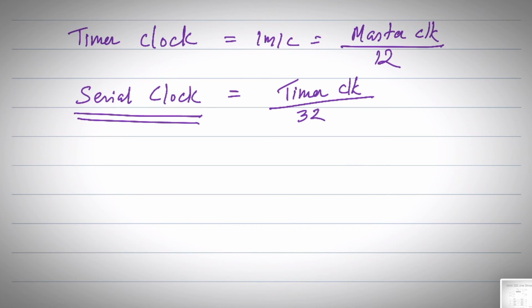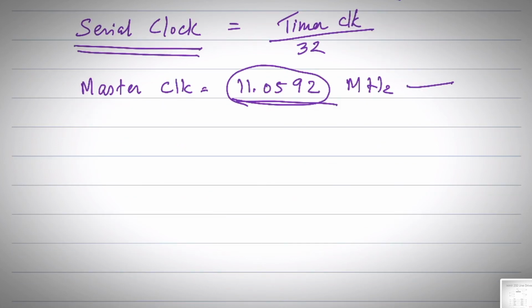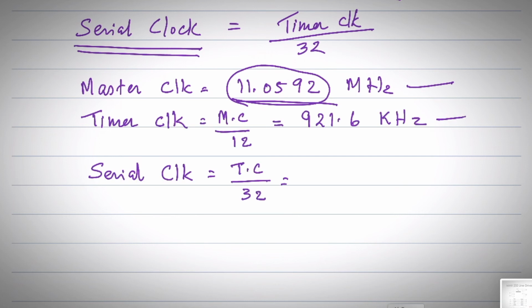For example, suppose the master clock is 11.0592 megahertz. The timer clock will be 921.6 kilohertz, and the serial clock is the timer clock divided by 32, which gives 28,800 hertz.